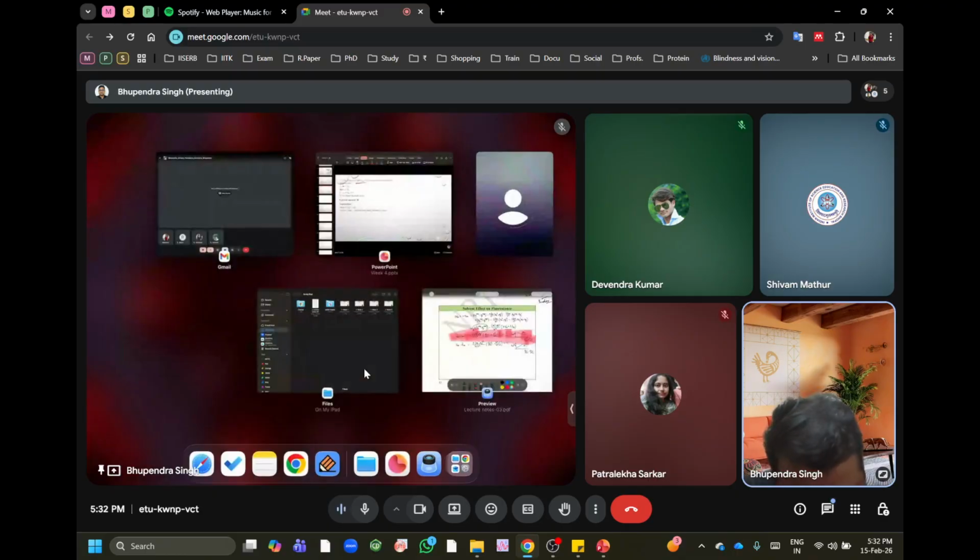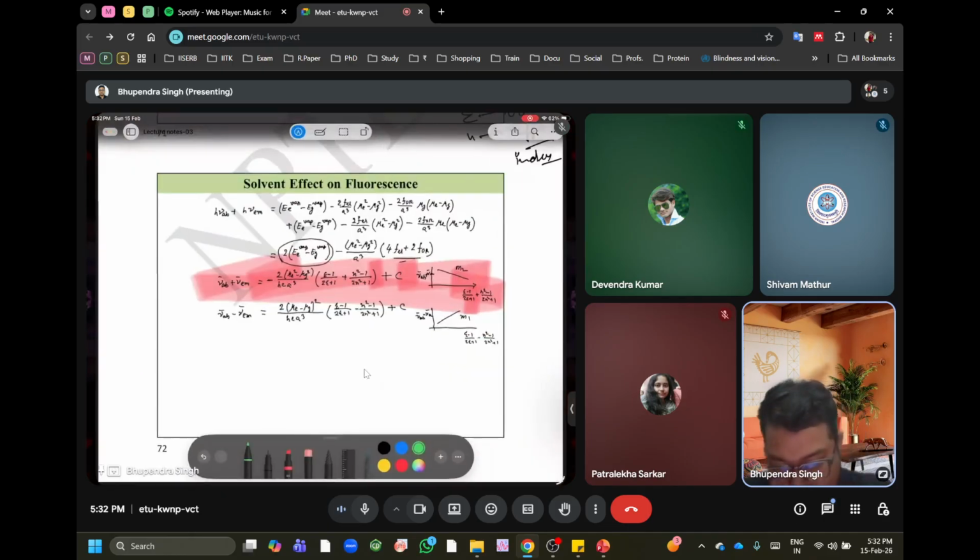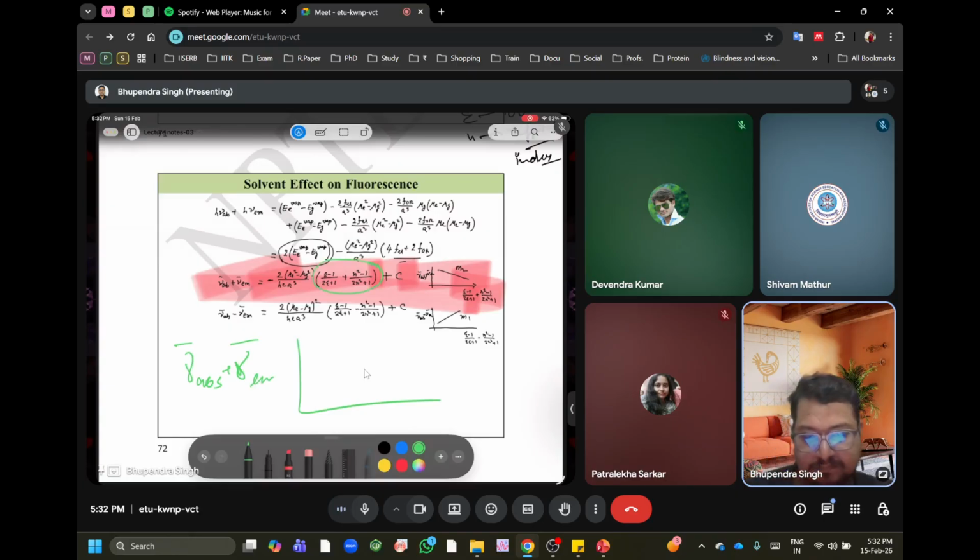Slope between absorption plus emission versus orientational polarizability. This is orientational polarizability. This one, right? Wait for a second.